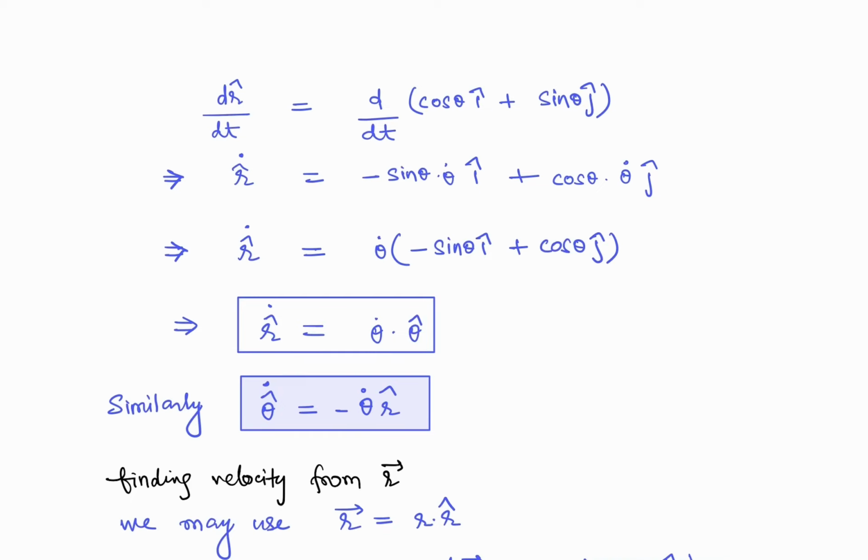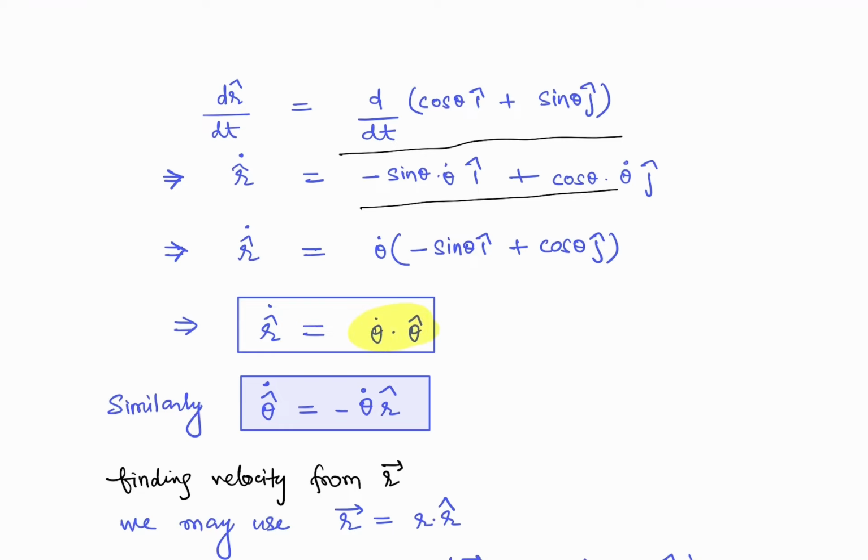So now we are required to find the rate of change of unit vector r and the rate of change of unit vector theta, which is pretty easy to find. You just differentiate them and take out whatever is common, and we are going to get the answers. So unit vector r cap, when differentiated, gives theta dot times theta cap.